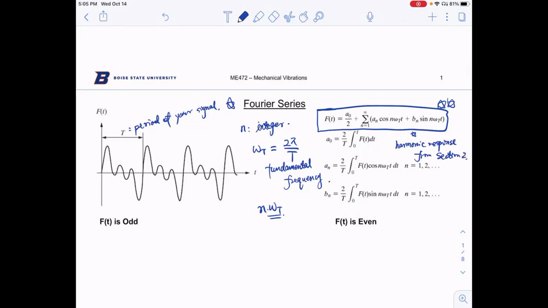In section 2, we talked about how to calculate harmonic response. That means we can find the solution for each individual sine and cosine function. In order to find the final solution for f(t), you just need to sum all these solutions together.